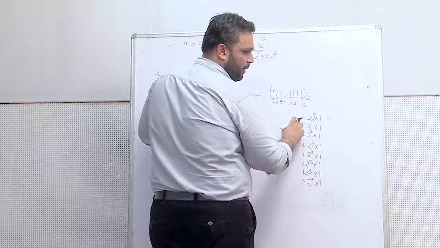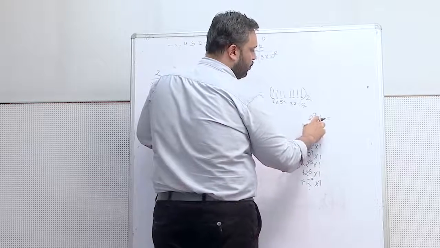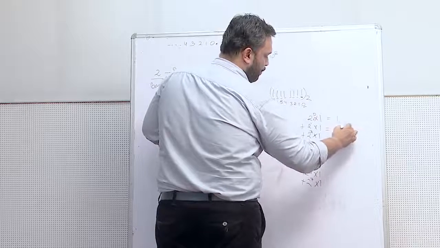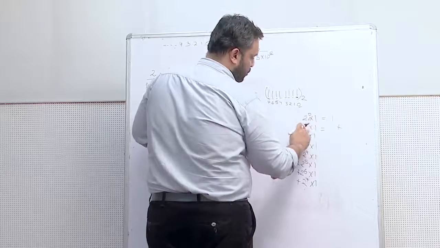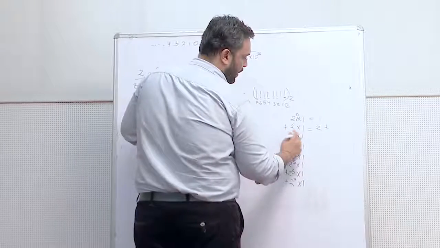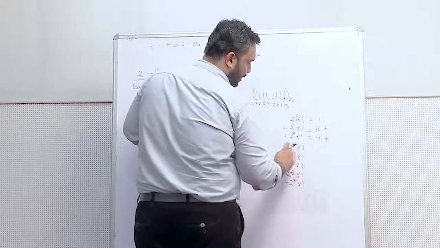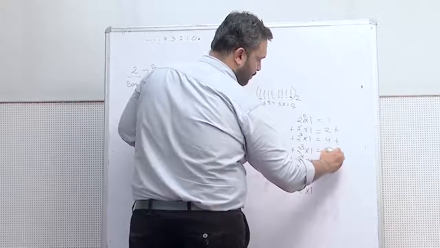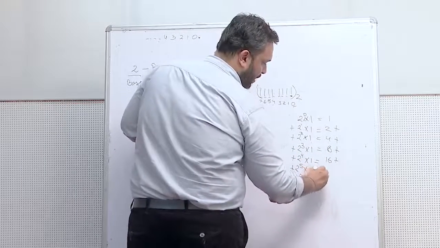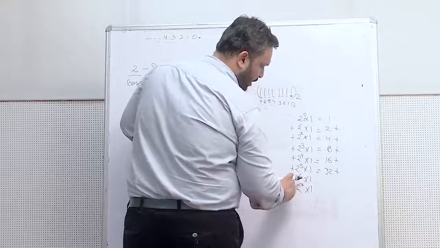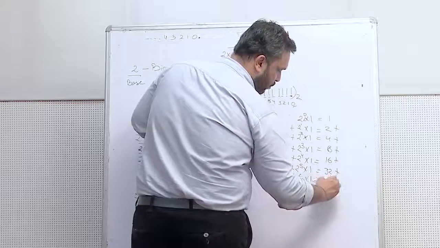Anything raised to power 0 we know is 1. So 1 into 1 is 1, plus 2 raised to power 1 is 2, multiplied by 1 is 2. 2 square is 4. 2 cube is 8. 2 raised to power 4 is 16. 2 raised to power 5 is 32. 2 raised to power 6 is 64.